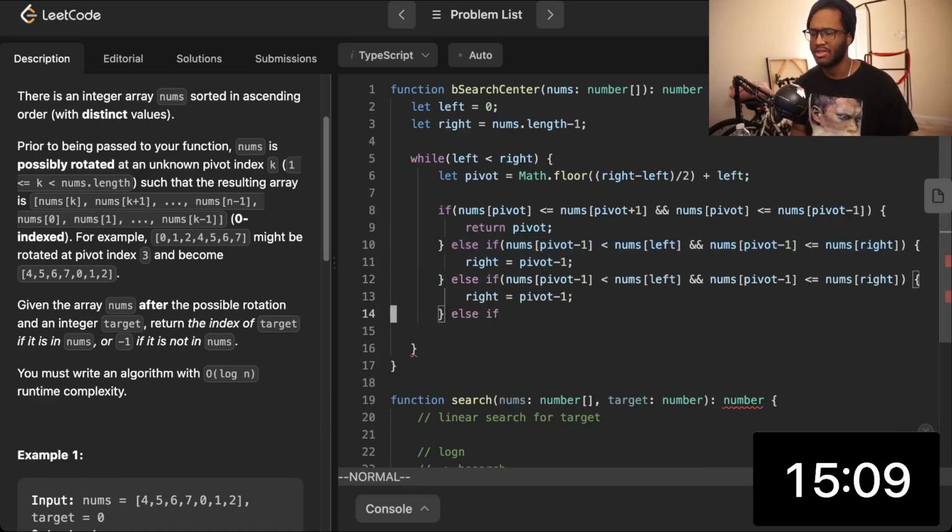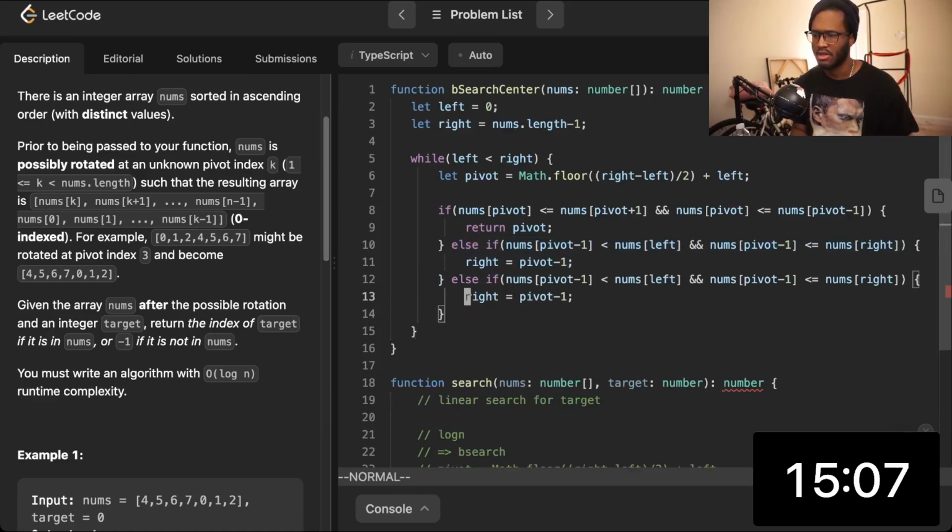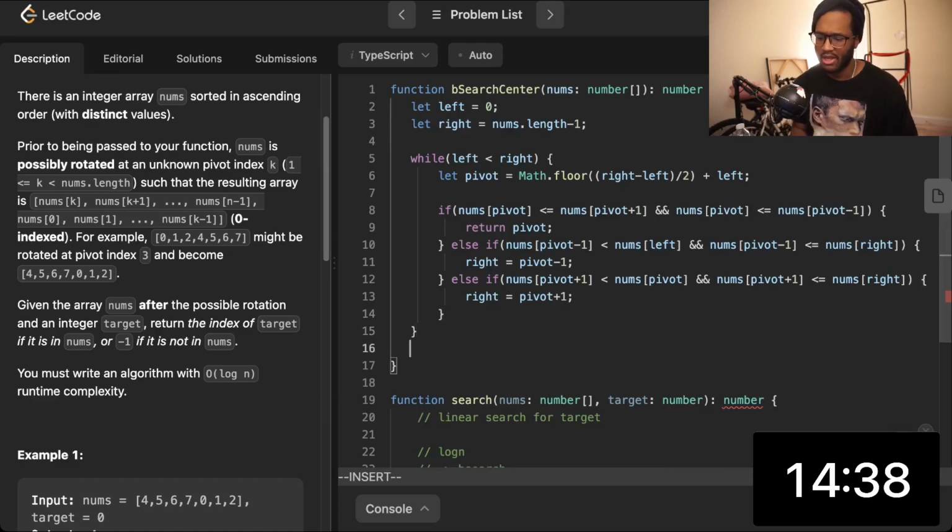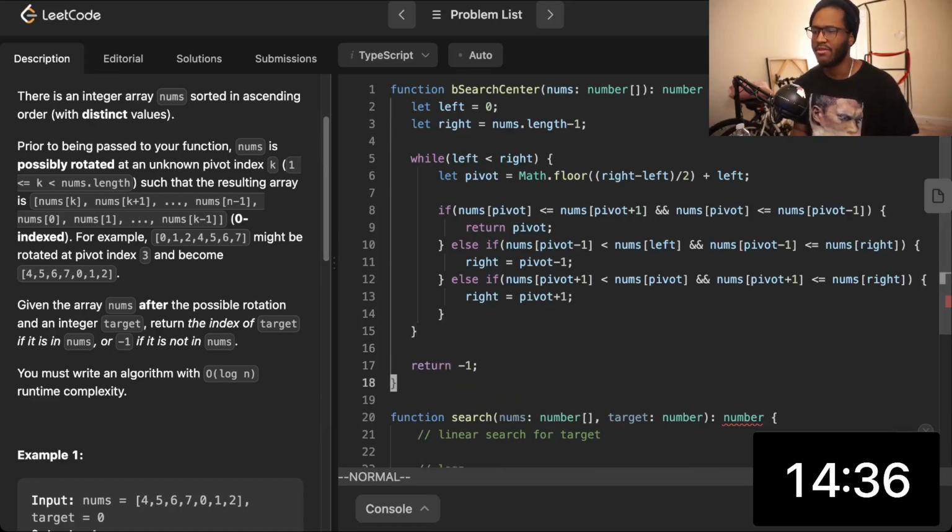Pretty much copy this. Change this to +1. Nums sub pivot +1 is less than nums sub pivot, which makes sense. Then nums sub pivot +1 should be less than nums sub right. We'll allow equals too. And then at the end, you can just return -1.